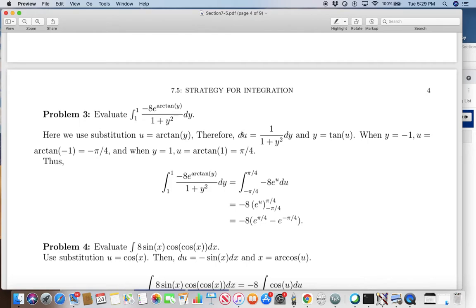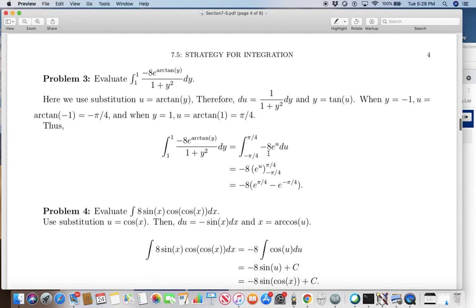When y is negative 1, u, which is tan inverse of negative 1, is negative pi by 4. When y is 1, u, which is tan inverse of 1, is pi by 4. So the limits negative 1 to 1 become negative pi by 4 to pi by 4, of negative 8 e to the u du.